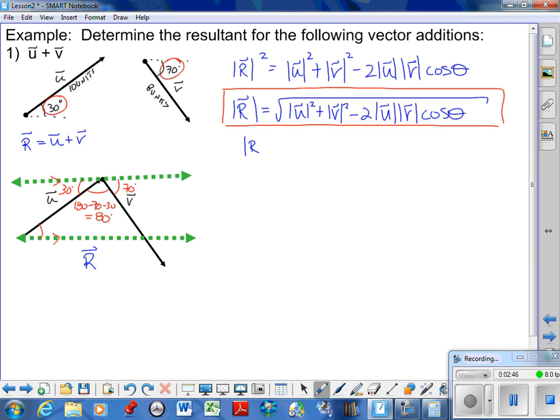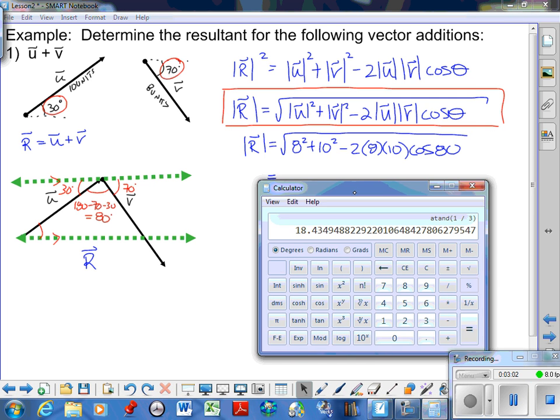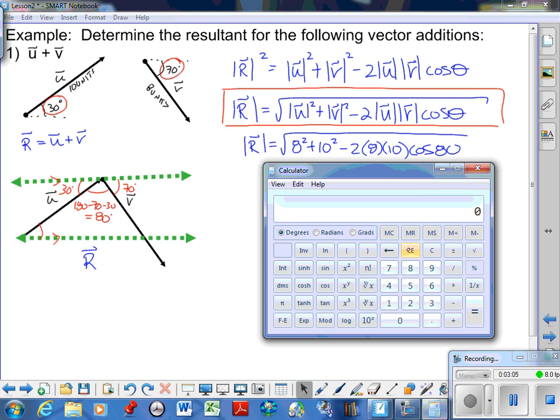Solving, magnitude of r equals 8 squared plus 10 squared minus 2 times 8 times 10, and we got the angle to be 80 degrees. So now you just have to punch it through the calculator. So, 64 plus 100 minus, and in brackets, 2 times 8 times 10 times cos 80, closing bracket, equals 136.21.